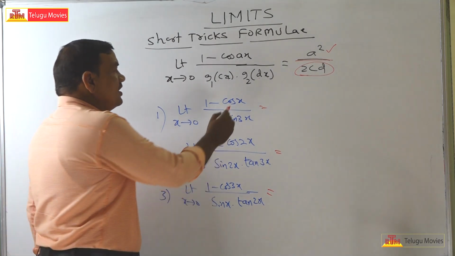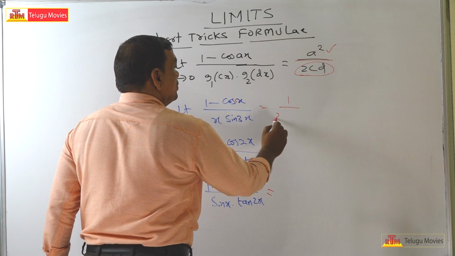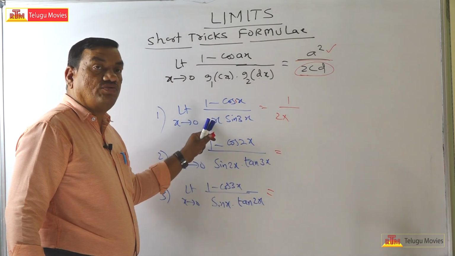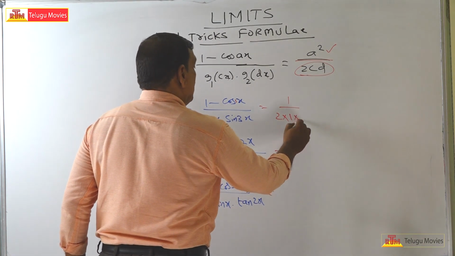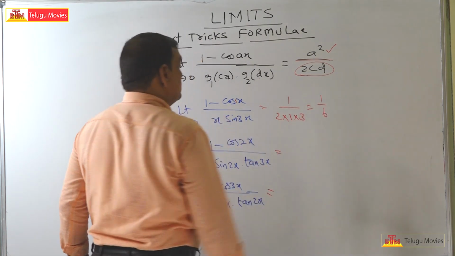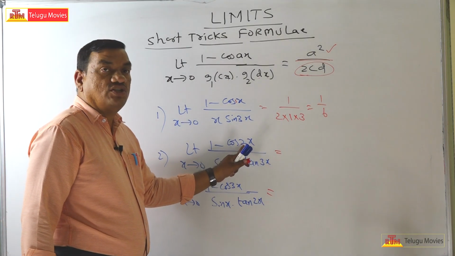Here the x coefficient is how much? 1. Therefore 1 square is 1. 2 into, here the x coefficient is 1, here the x coefficient is 3. That is 1 into 3, so 1 by 6 is your answer. Here the x coefficient is how much? 2.